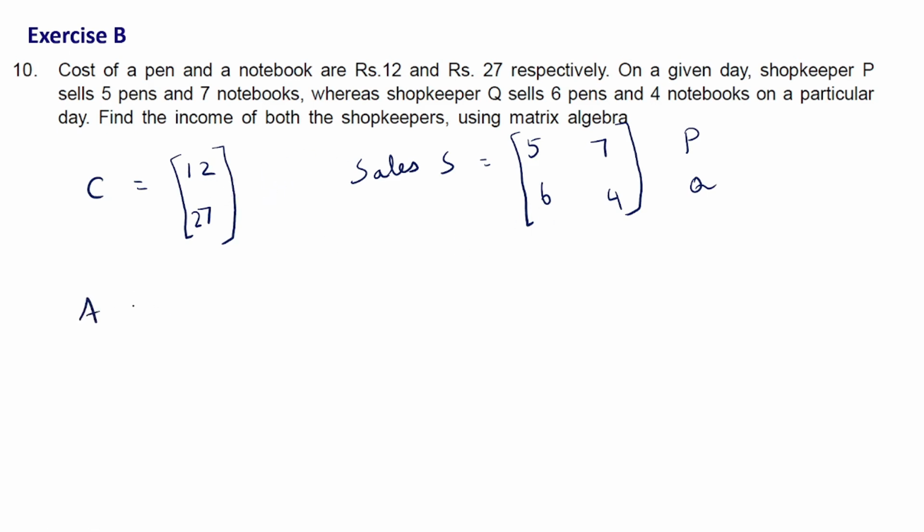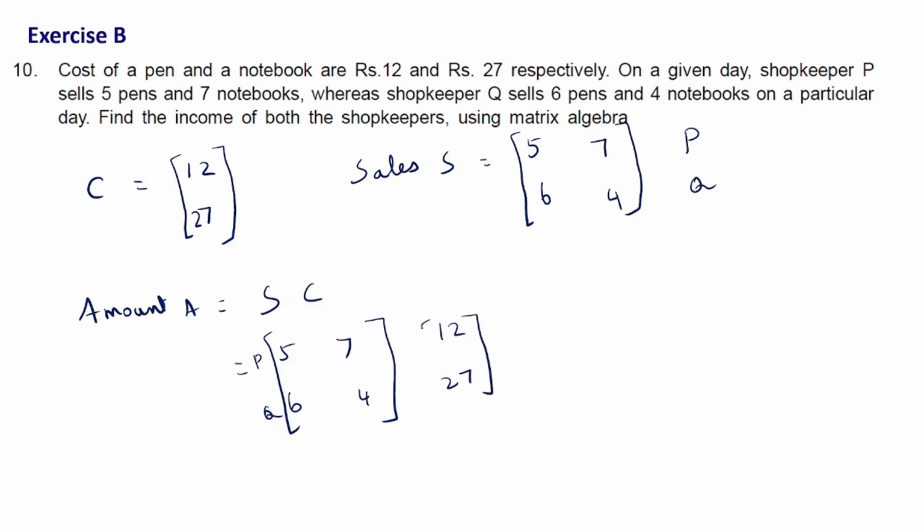So the amount A is equal to sales into the price of each. So it is S into C. So this is equal to 5, 7, 6, 4, this is for P and this is for Q, into C, which is 12 and 27. So this is equal to 5 into 12 plus 7 into 27, 249.